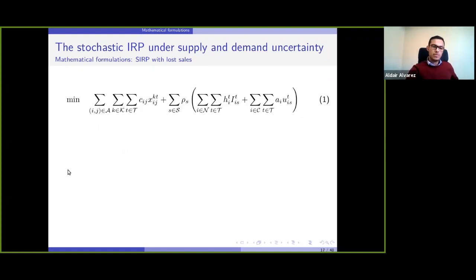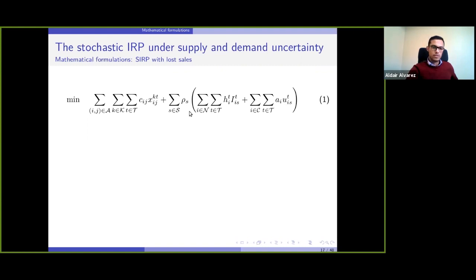The objective function aims at minimizing the first-stage cost, which is the routing cost, plus the expected second-stage cost, which is given by the total inventory cost at all the facilities of the system, plus the lost sales cost for each scenario.